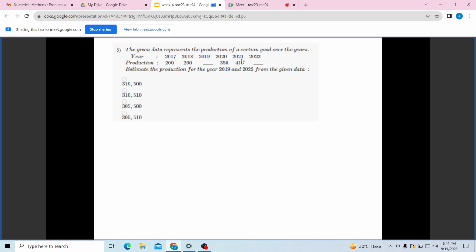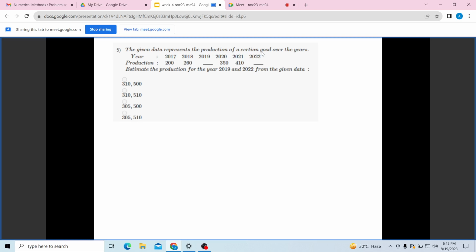In the year 2021 the production was 410 units. In the year 2022 you have to calculate how much production was there. So estimate the production for the year 2019 and 2022 from the given data. Okay, so find out what will be the estimated production in these particular years.